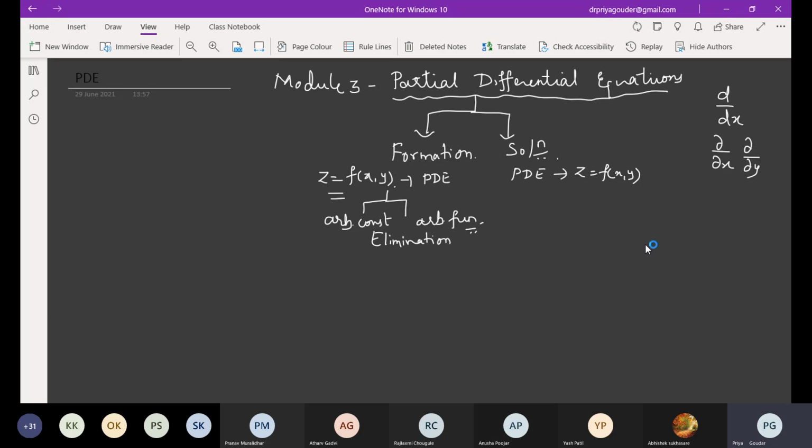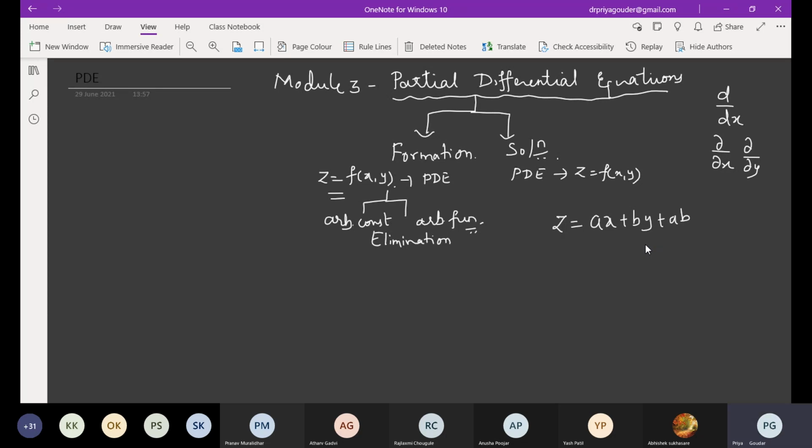Let us see what is the meaning of arbitrary. Arbitrary constant means, suppose I give the equation like this: z is equal to ax plus by plus ab. This is my first question actually. So here a and b are called arbitrary constants.